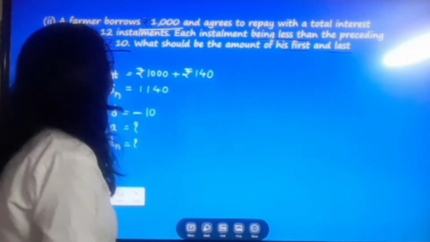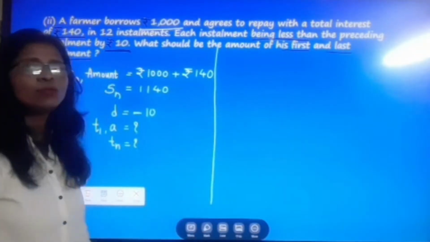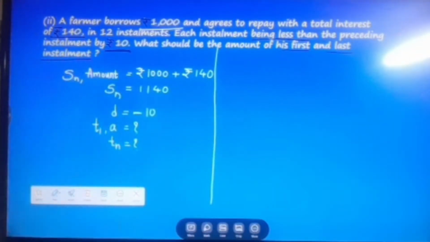Now, dear students, first we write down the formula for SN.